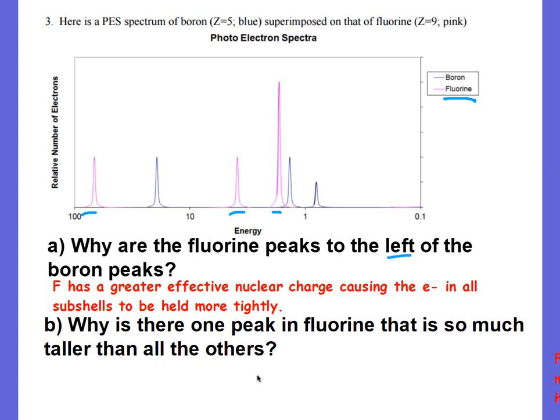And then B, go ahead and solve B, restart when you're done. So it says, why is there one peak in fluorine that is so much taller than the others? Well, all these other peaks are 1s2, 2s2, and this is 2p5. And then for boron, that's 1s2, 2s2, 2p1.